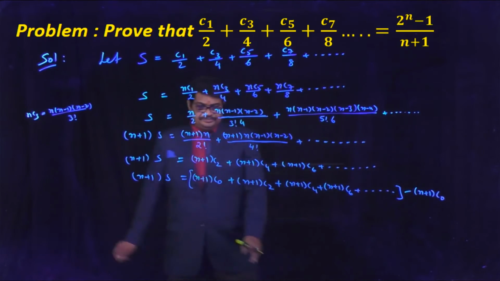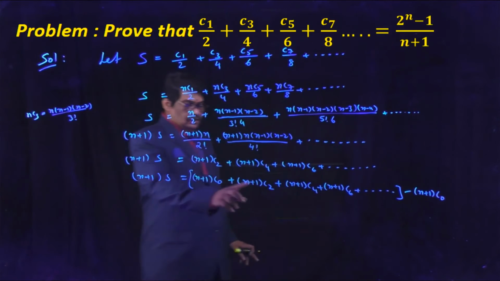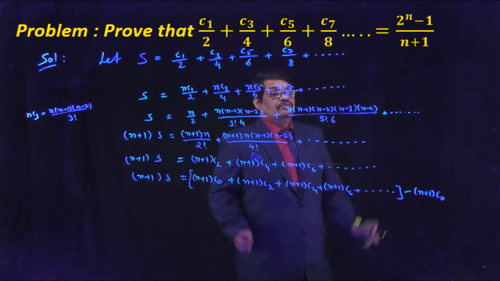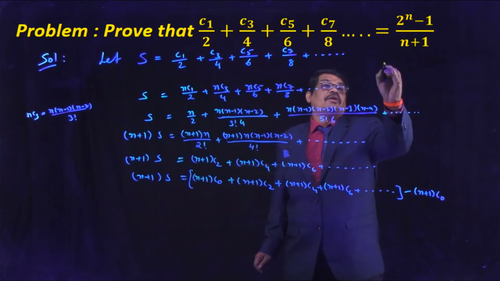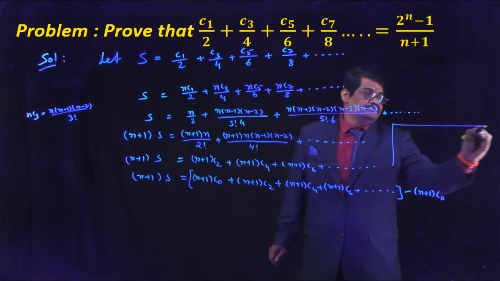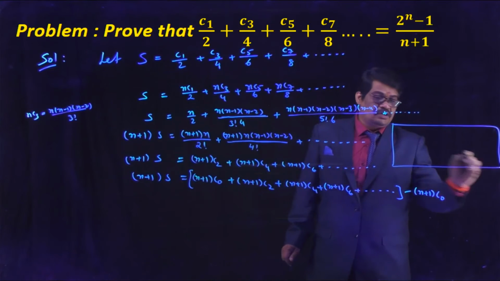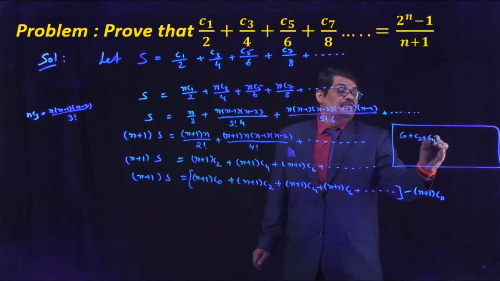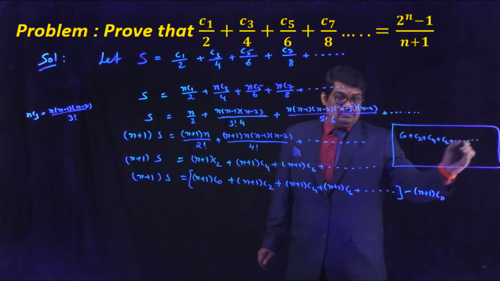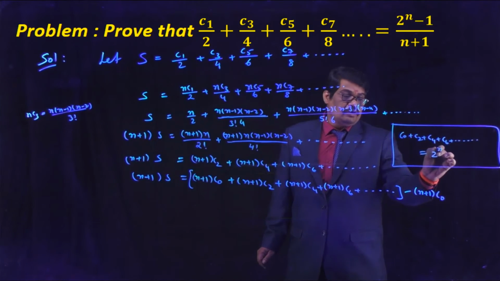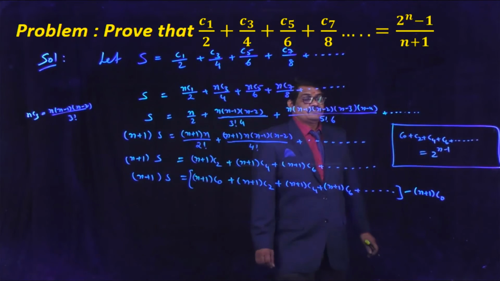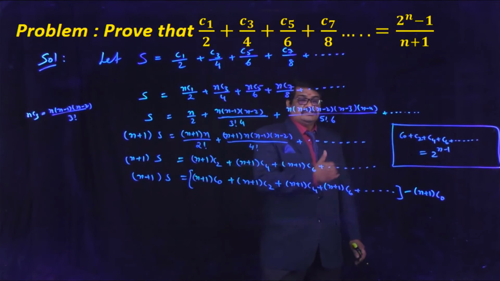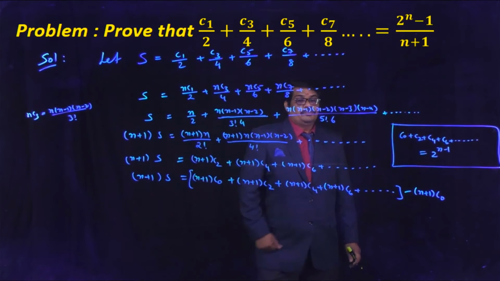Now these are the terms C0 plus C2 plus C4 plus C6 and so on, where n is n plus 1. We already discussed this formula: C0 plus C2 plus C4 plus C6 and so on, the even suffix sum, has the value 2 to the power of n minus 1.